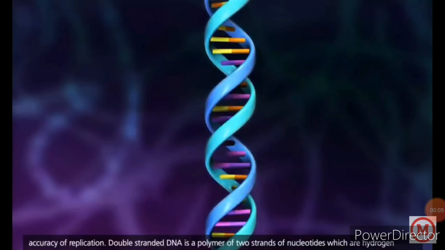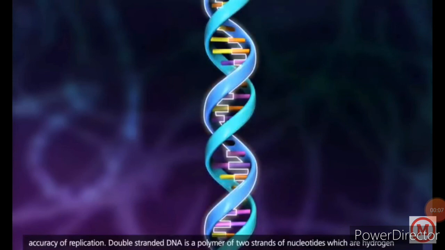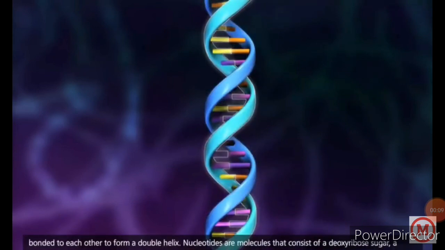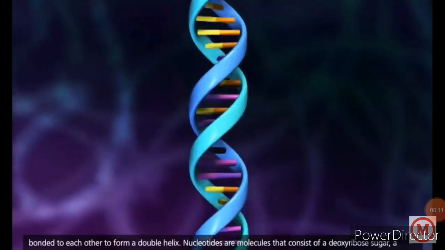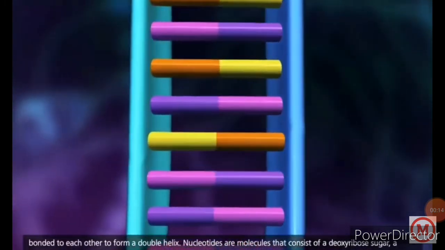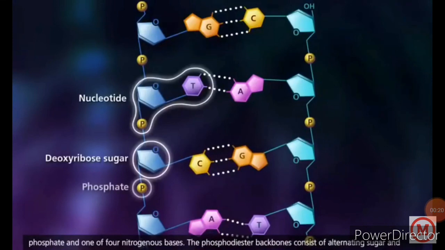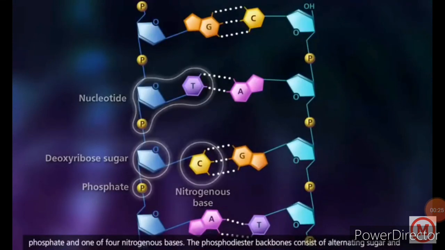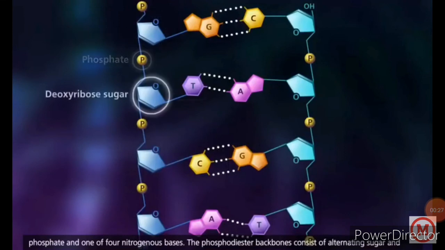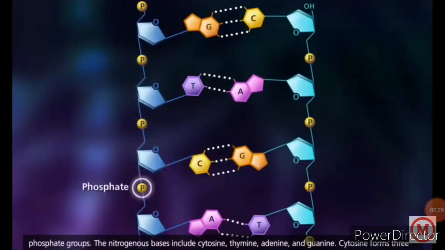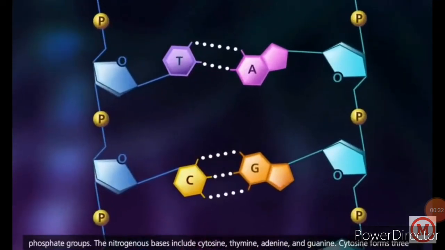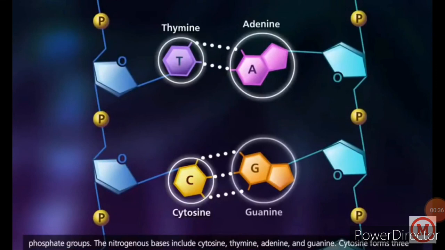Double-stranded DNA is a polymer of two strands of nucleotides which are hydrogen bonded to each other to form a double helix. Nucleotides are molecules that consist of a deoxyribose sugar, a phosphate, and one of four nitrogenous bases. The phosphodiester backbone consists of alternating sugar and phosphate groups. The nitrogenous bases include cytosine, thymine, adenine, and guanine.